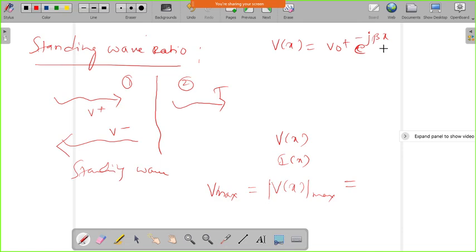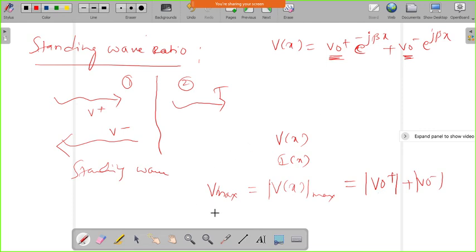Let us take the lossless transmission line for plus j beta x. So we get the maximum magnitude of this voltage whenever we put x equal to 0, that is V naught plus V naught minus. We are taking only the magnitudes.